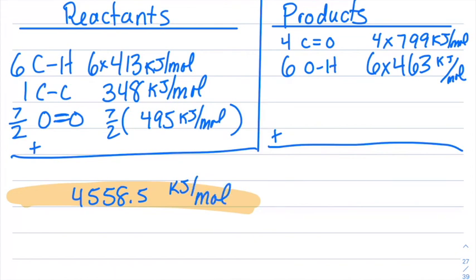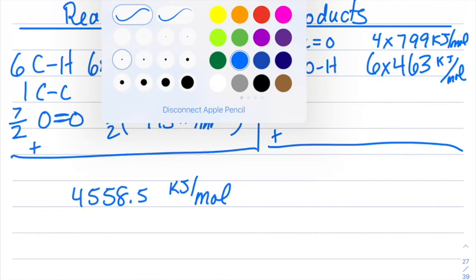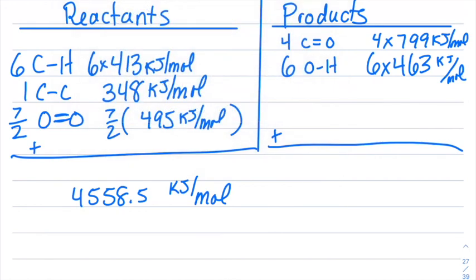Everybody else get a similar value if you did your reactant separately? I'm guessing that a lot of you just did it all together, probably? Okay. That's okay. We'll go ahead and do the products together.